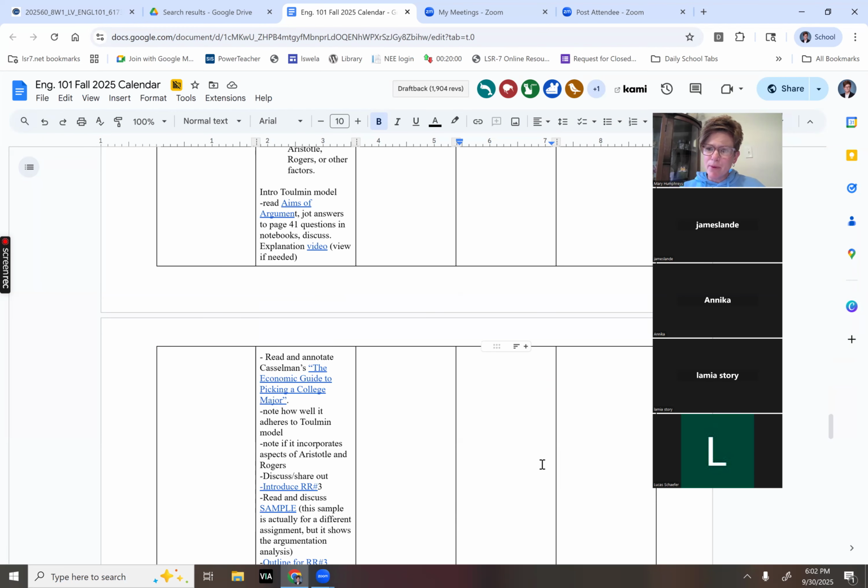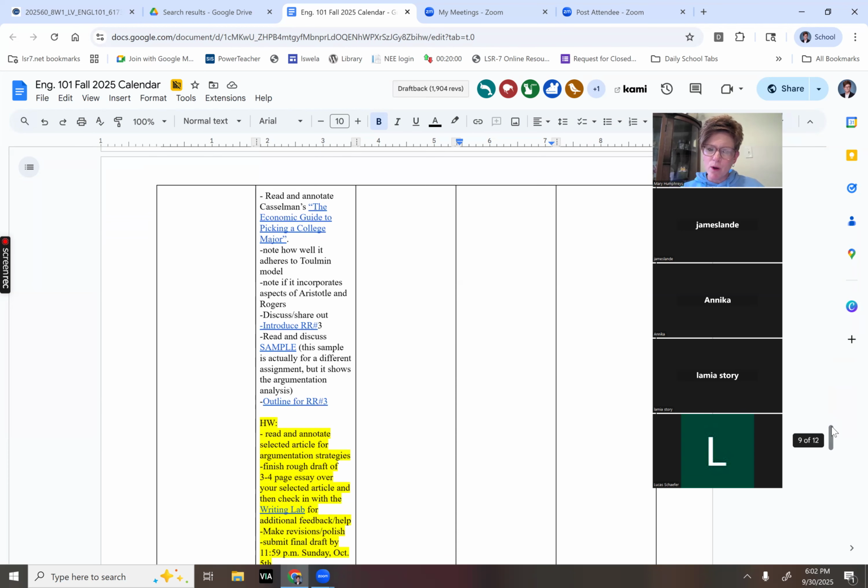So this sample of a reader response is actually a little bit different assignment than what we're going to be working on, but does still have some argumentation strategies in it that I want to highlight. Then together we'll work on your outline for your reader response. And then for homework, you're going to be typing that reader response and checking in with the writing lab to get feedback before you submit.